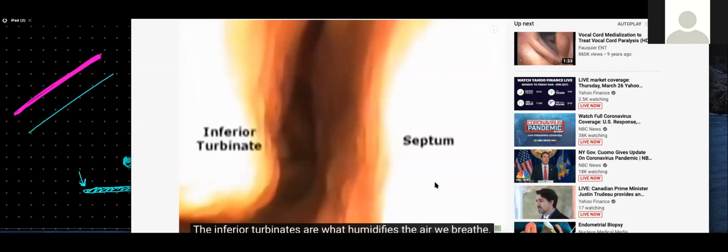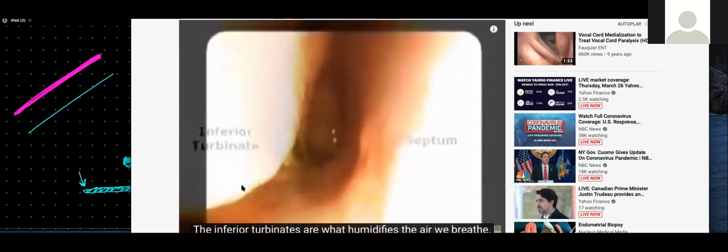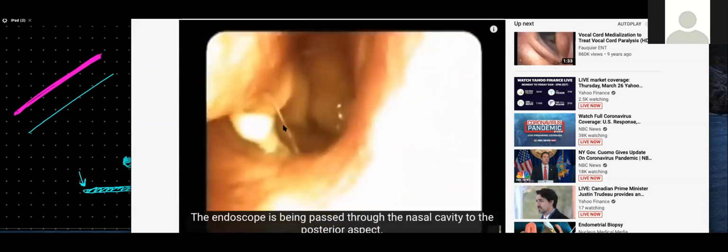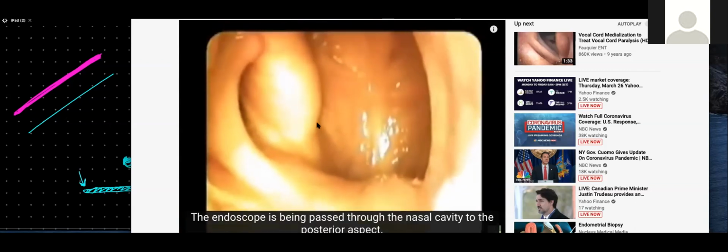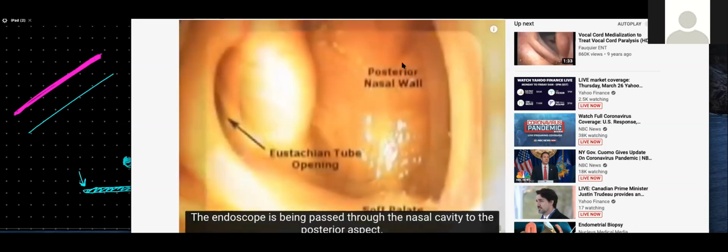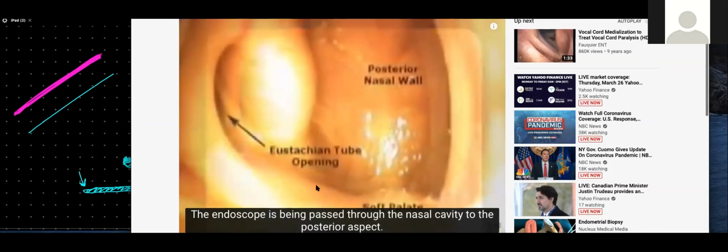We've got the nasal septum here on the right, so we are in the left side of the nasal cavity. And we've got the inferior turbinate, inferior nasal concha. Keep moving backward. Now we're looking at the nasopharynx, the part of the pharynx located posterior to the nasal cavity.